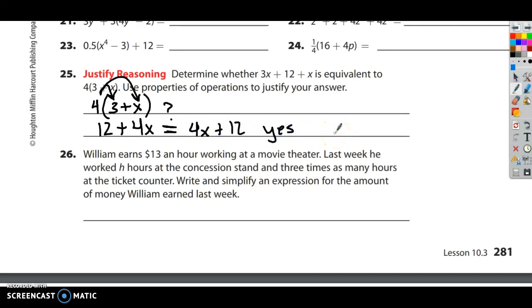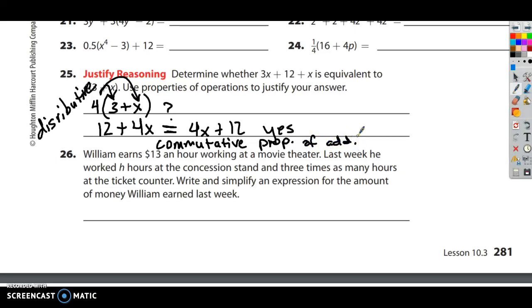It says use properties of operations to justify your answer. Here's why. Here's the two properties we used. This is the distributive property over here. The distributive property is this statement right here. And then this right here is the commutative property of addition.